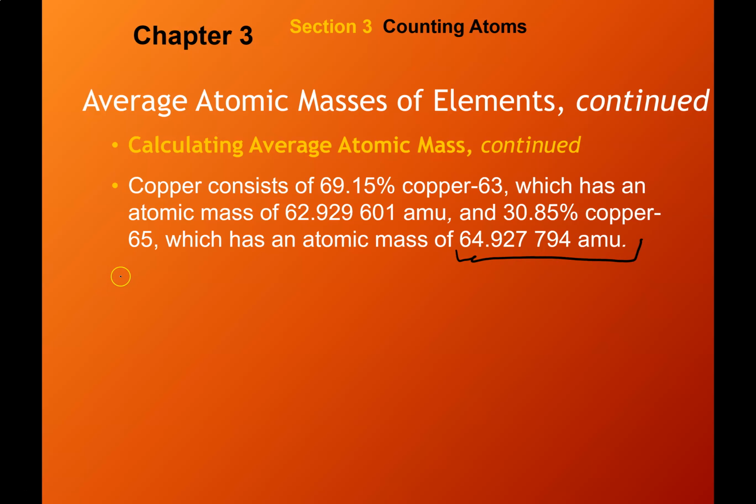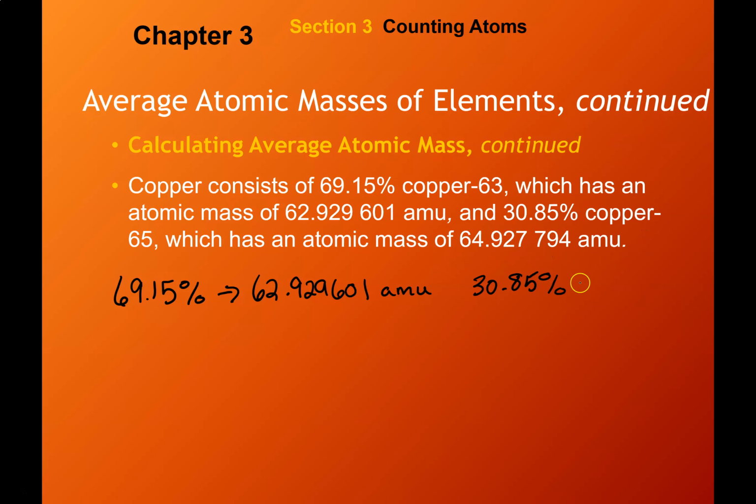For this first one, we know that 69.15% of copper atoms in the universe are present at a mass of 62.929601 AMU. And then we know that 30.85% of the copper atoms in the universe are present at 64.927794 AMU.